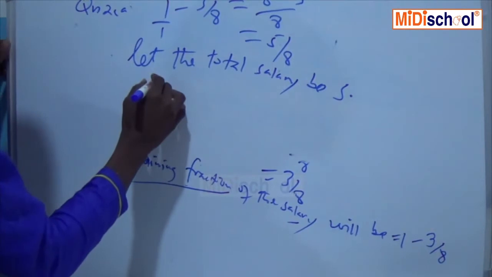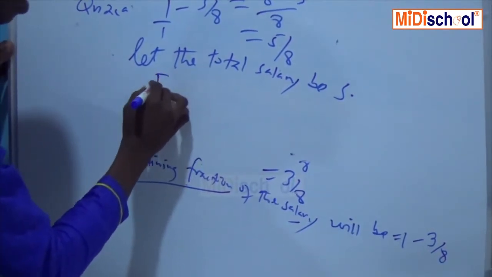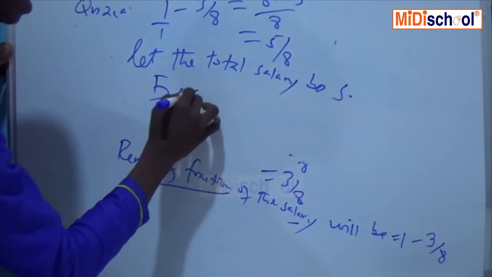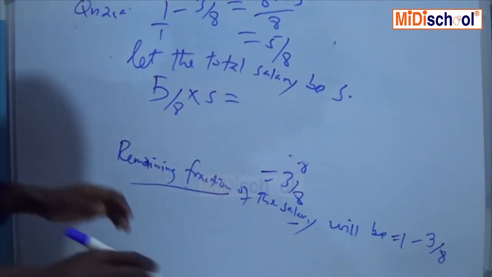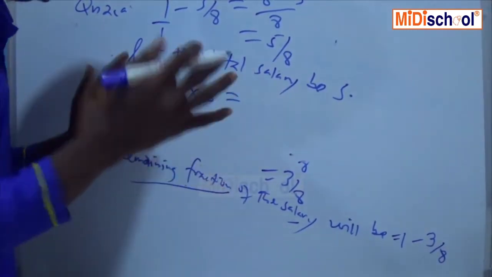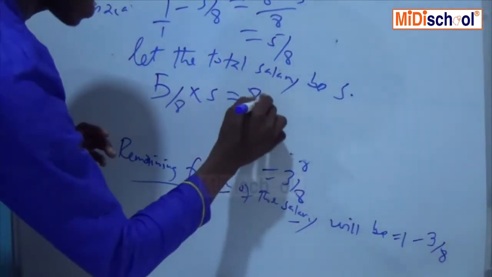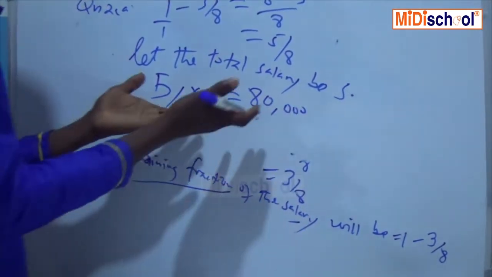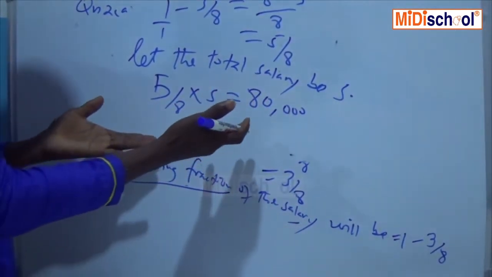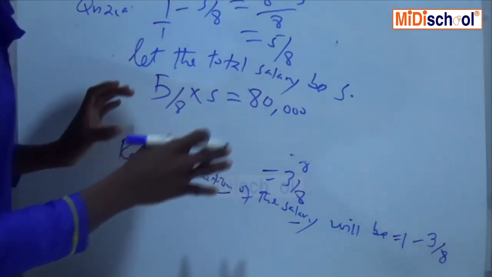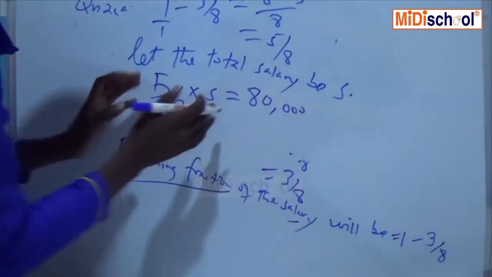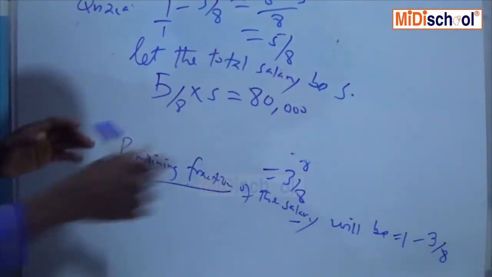So having 5/8 times S is going to be the given remaining salary, which was 80,000. So this is just a small algebraic equation which can be solved easily. How do we solve it?